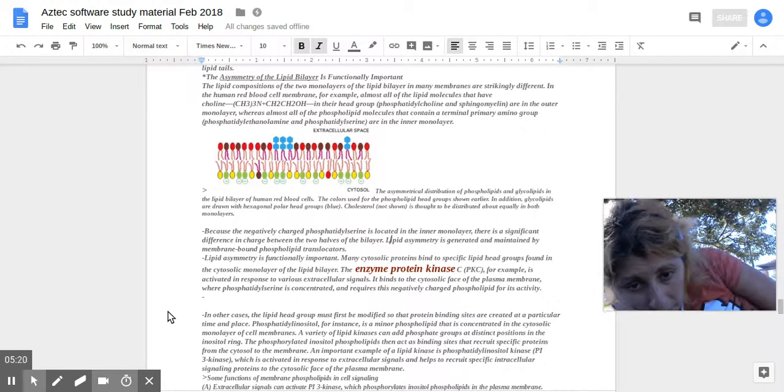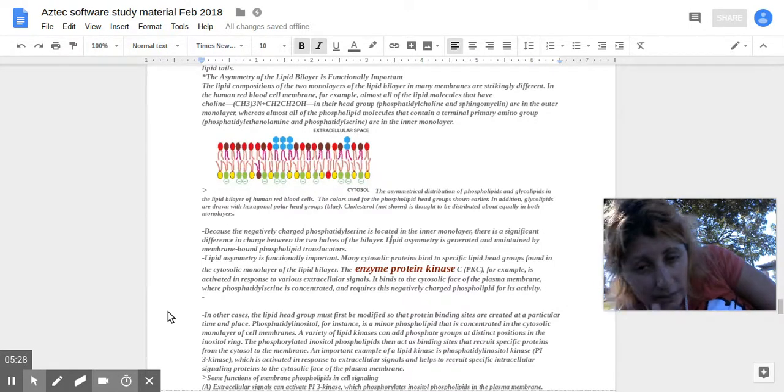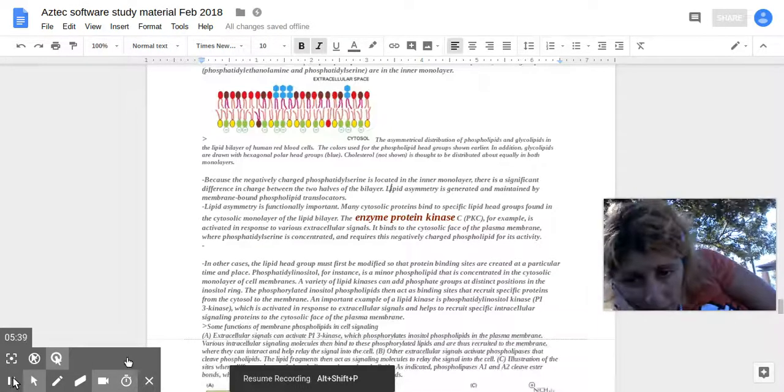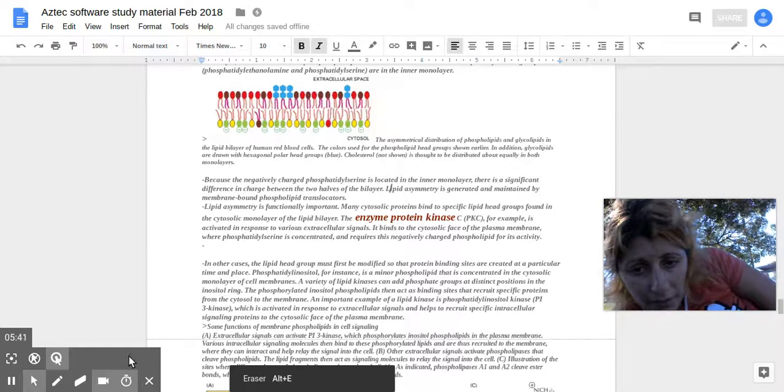And a lot of enzymes that are important, such as protein kinase, are activated in response to various signals and require negatively charged phospholipids such as phosphatidylserine for their activity. So the lipid head groups are important.